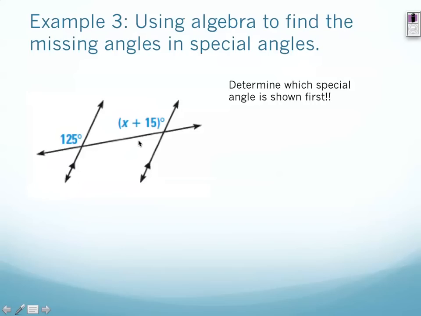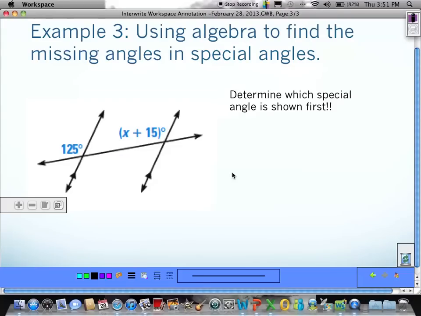All right, next we're going to use algebra to find missing angles in a special angle using our special relationships. The first thing you need to determine is which angles are these special angles that I have to figure out first. So if I'm looking at this example 3, I notice that x plus 15 and 125 are corresponding angles.